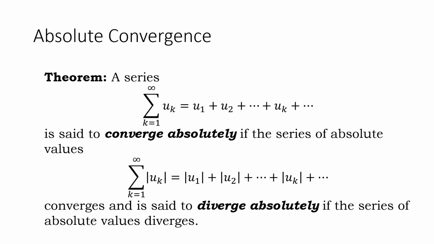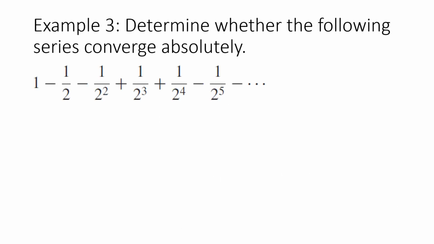It is said to converge absolutely if the series of absolute values, the summation of the absolute value of u sub k from 1 to infinity, equal to the absolute value of u sub 1 plus the absolute value of u sub 2 plus so on plus the absolute value of u sub k plus so on, converges, and said to diverge absolutely if the series of absolute values diverges.